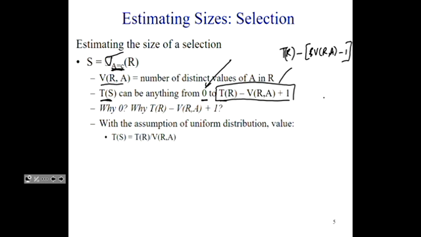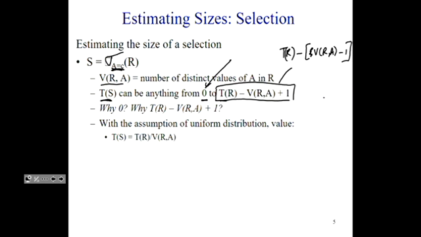Any thoughts? Yes, there's just one tuple for each of the other values of A, and the rest are all A equals C. Exactly.